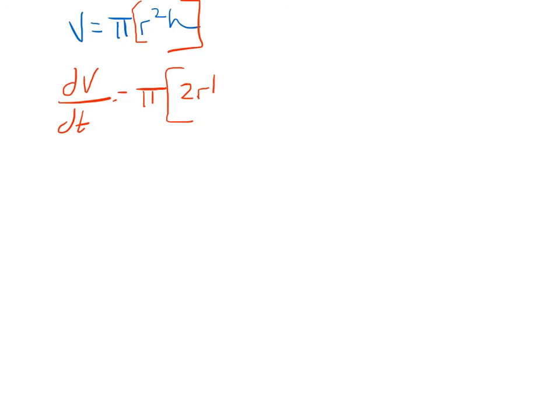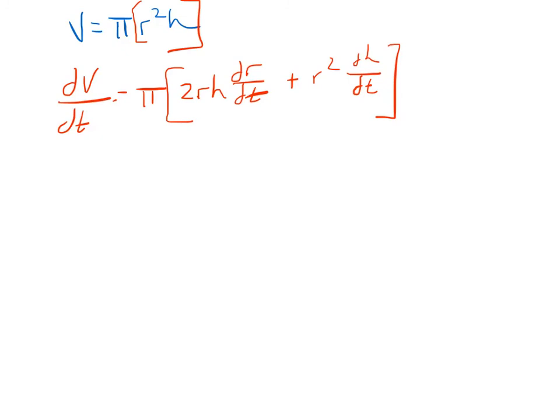Derivative of the first times the second. Don't forget the dr/dt because I just took the derivative with respect to t of r, plus keep the first, derivative of the second times dh/dt. That goes back to the implicit differentiation. I took a derivative of an h.